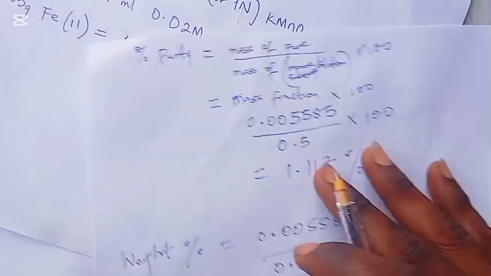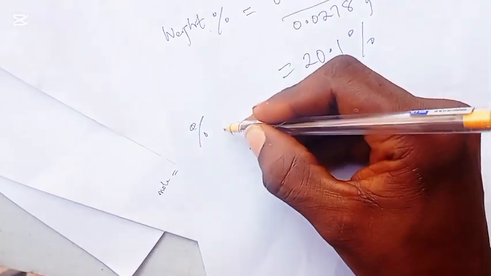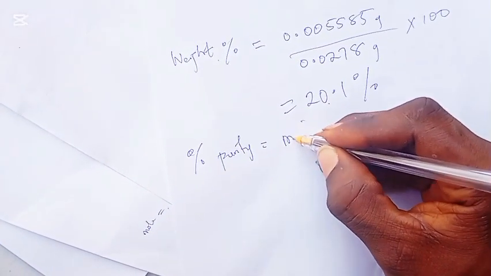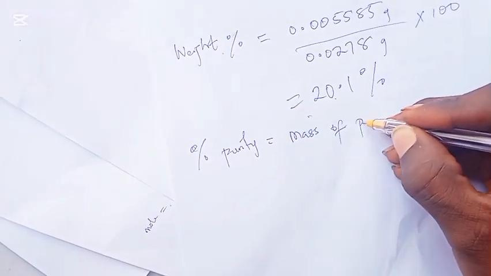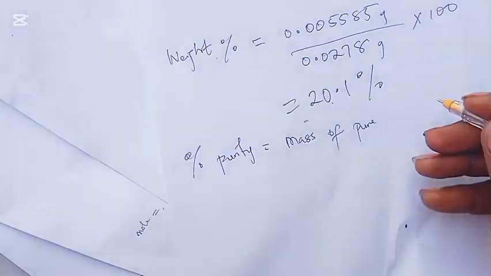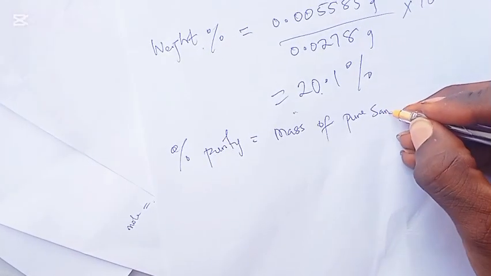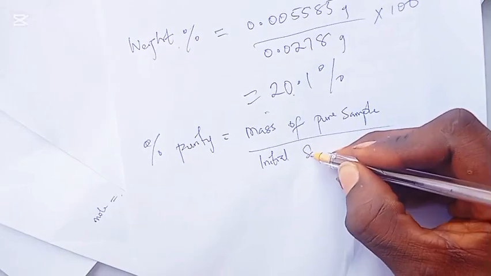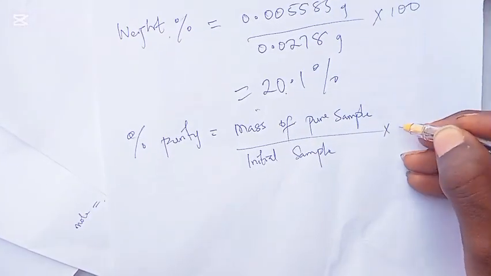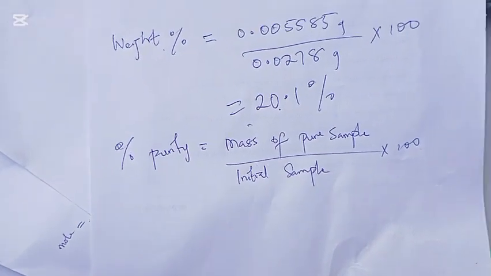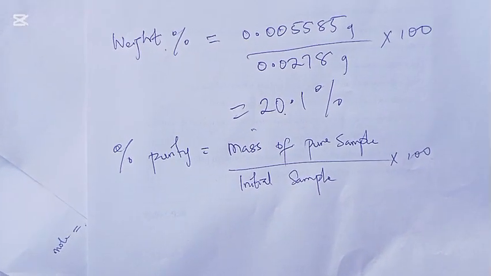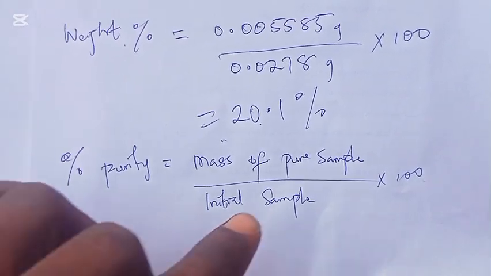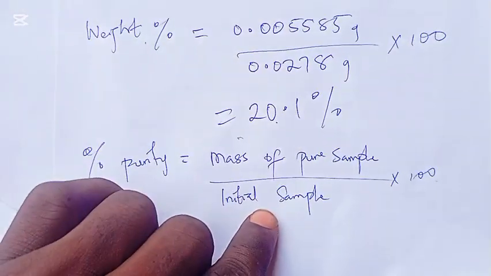Another way to think of it is that percentage purity is equal to mass of pure sample, or you say calculated value, all over the initial sample, times 100.